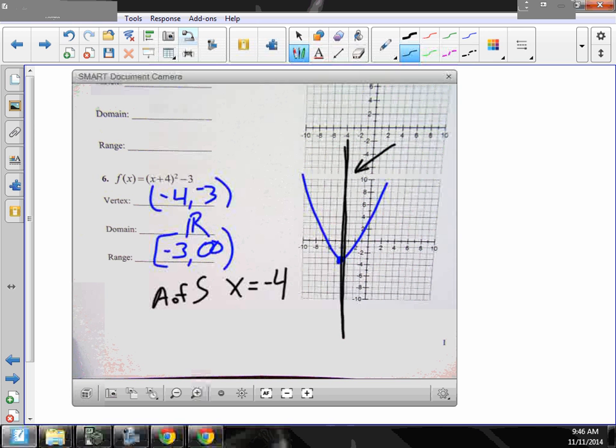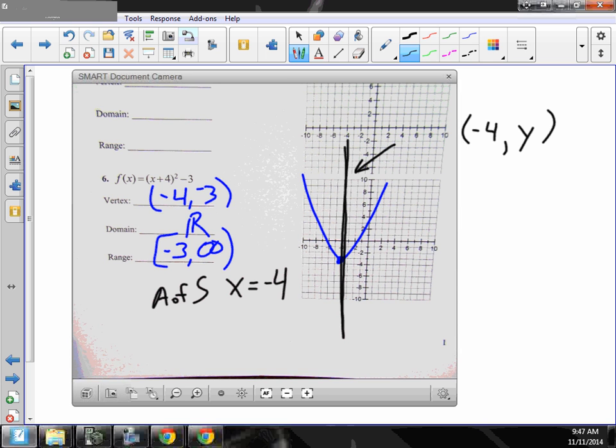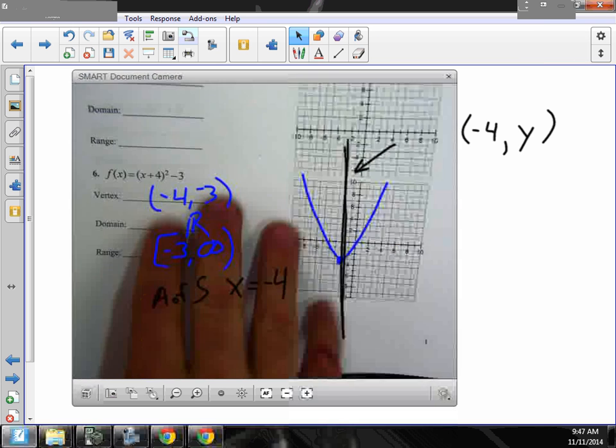That line is every point where every x value is -4 and every other y value would be there. Now, some of the y's don't actually show up, so it's kind of restricted to the range, but the equation is x equals -4. That is the vertical line that divides this parabola in half. Okay?